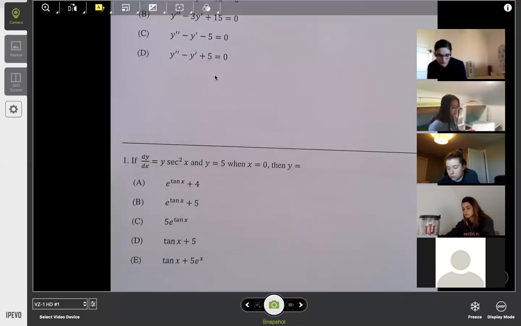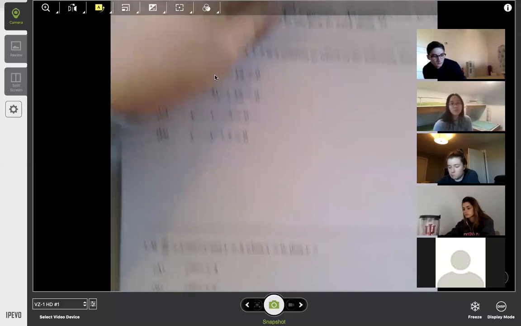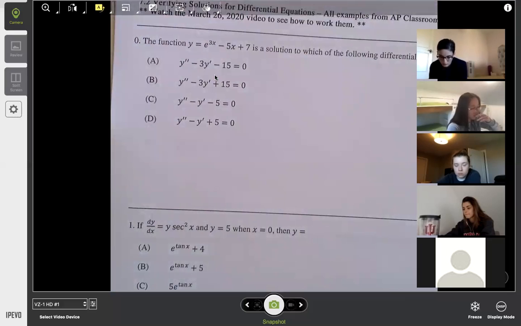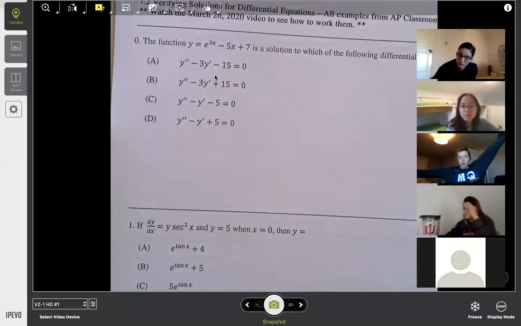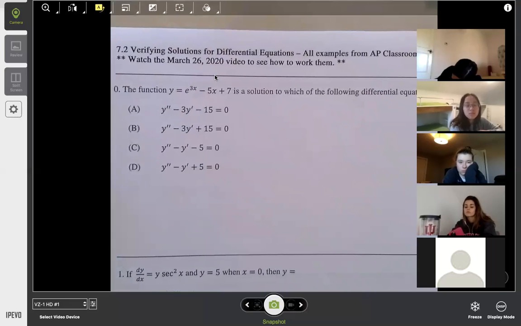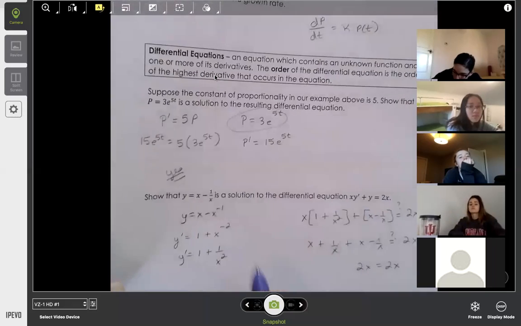All right, so hopefully you know how to plot points to create a slope field. And I think it's, again, a way to visualize solutions to differential equations. Our next lesson will be working at how to actually find some solutions to what's called separable differential equations. One of the things that you could be asked to do on the AP exam is to verify solutions for differential equations. On the first page, we did 2 of those.